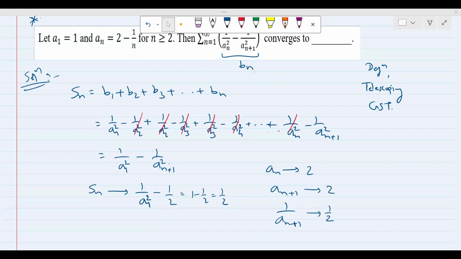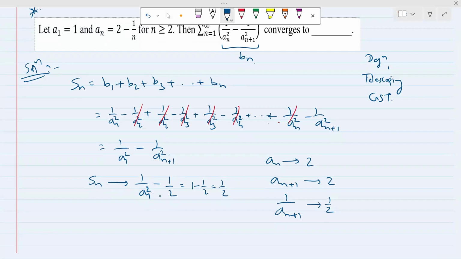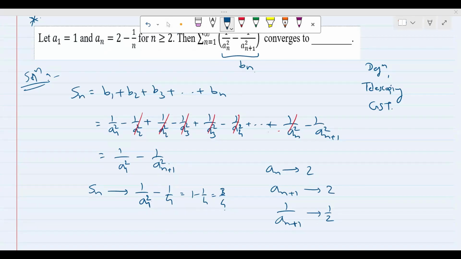So 1 by a(n+1) square will go to 1 by 4. So this will go to 1 minus 1 by 4, so 3 by 4. Now is it okay? Yes, sir.